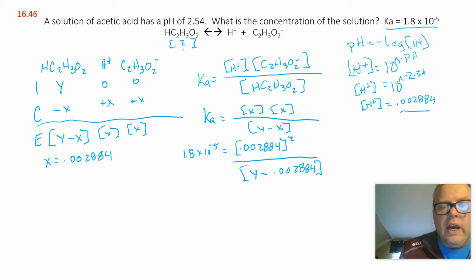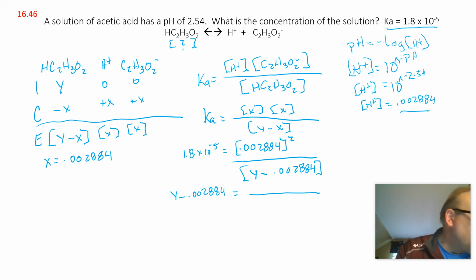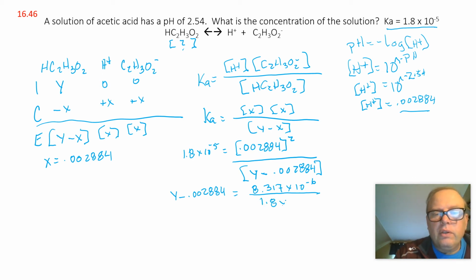So the next thing I did was just kind of flip it around, and I ended up with Y minus 0.0028884 is equal to 8.317 times 10 to the negative 6th over 1.8 times 10 to the negative 5, and all I did was flip them around.